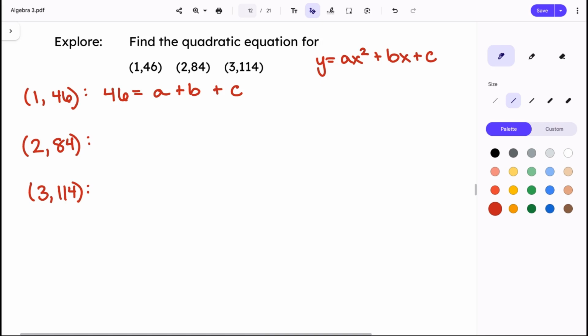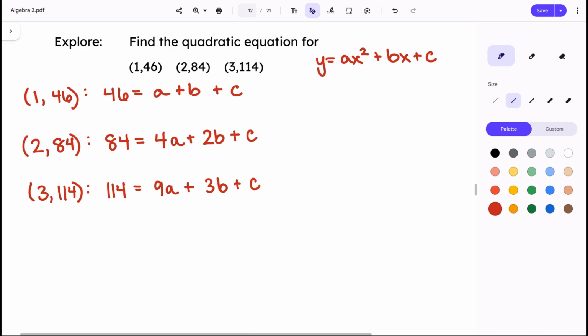What are these going to say? 4a, right? Good, plus c. And then the last one? Good.